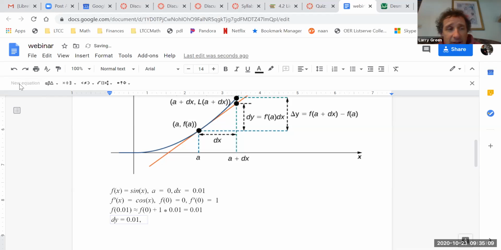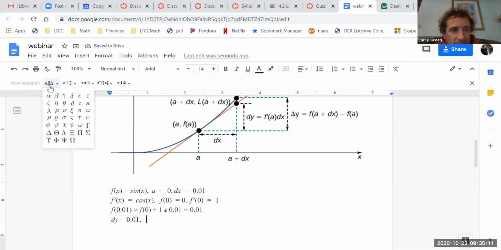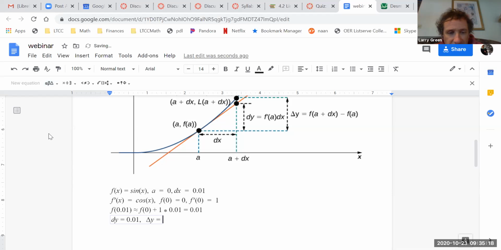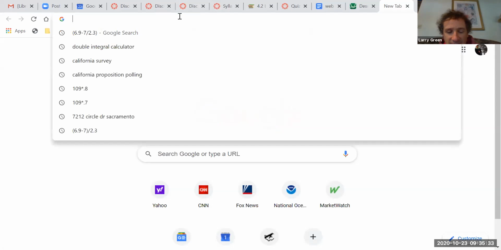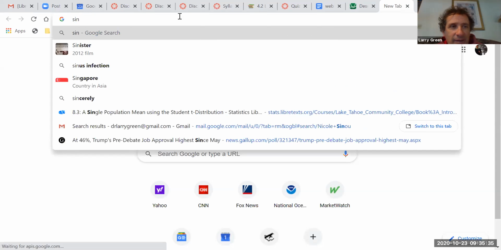On the other hand, delta y, that is going to be f of 0.01 minus f of 0. And f of 0.01, I can't do that in my head, and my guess is you can't either, unless you have a really weird sense. But I can do it with Google.